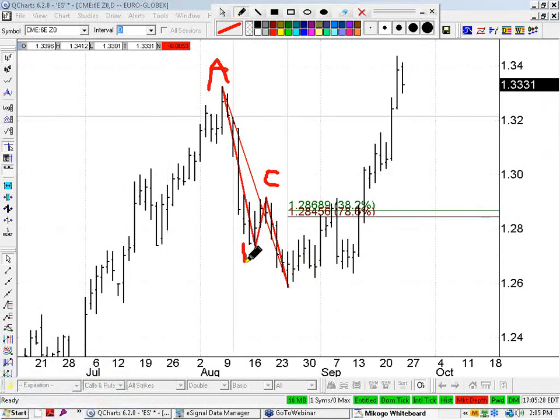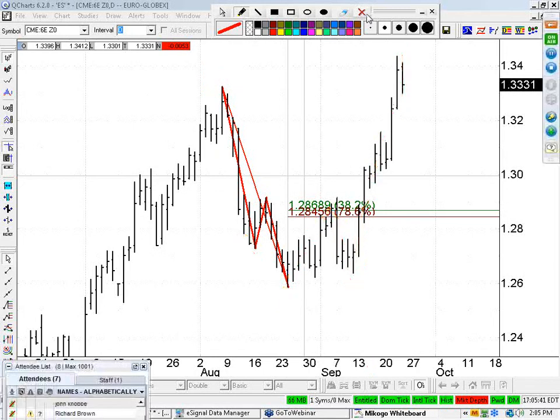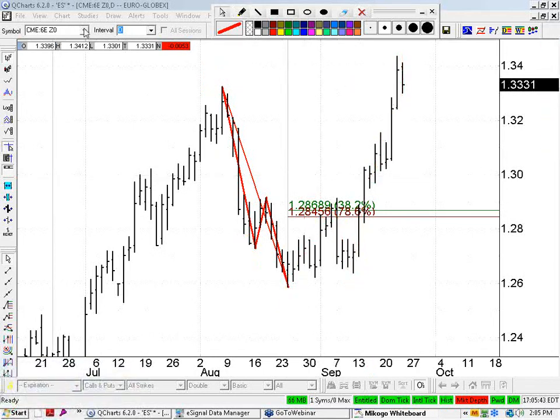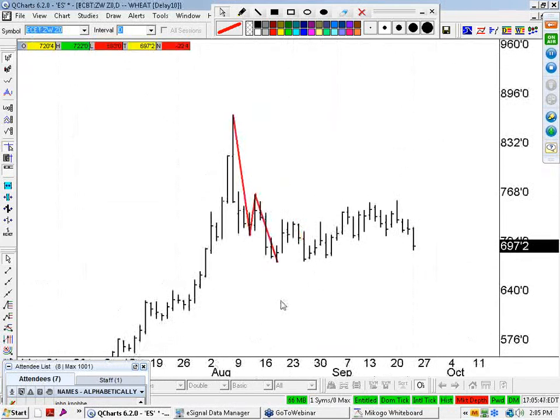But as you can see, these two markets will play out this theme, either coming down here and then following through, or coming down here and then failing to go down. So that's the mathematical area for the currency.